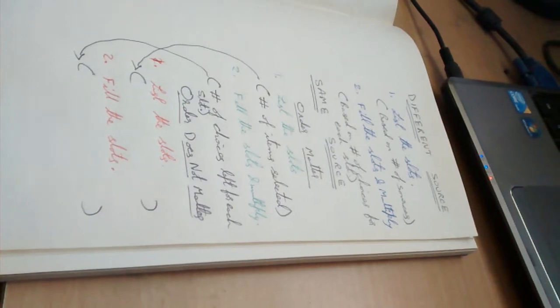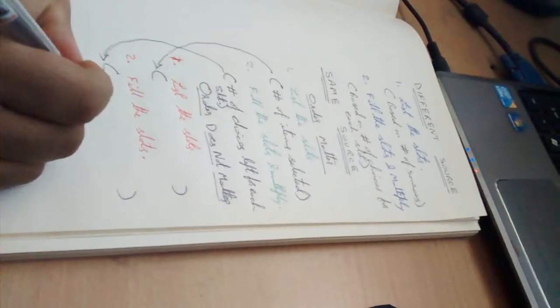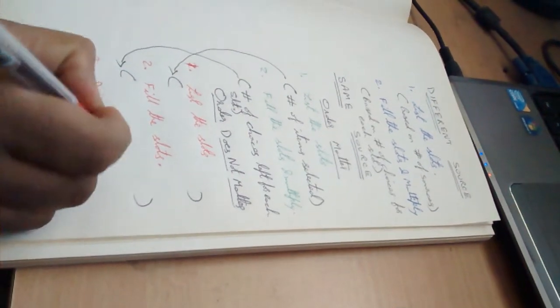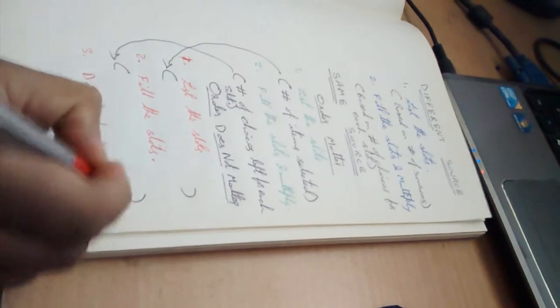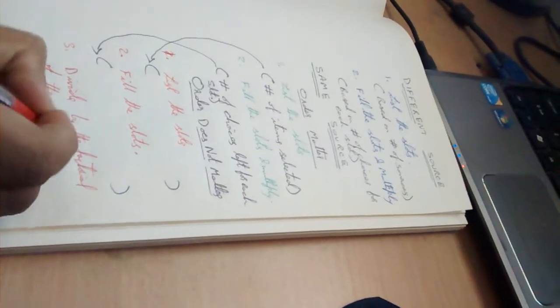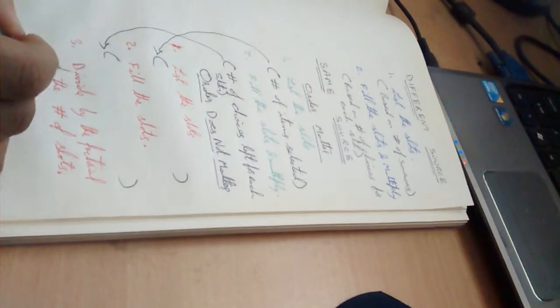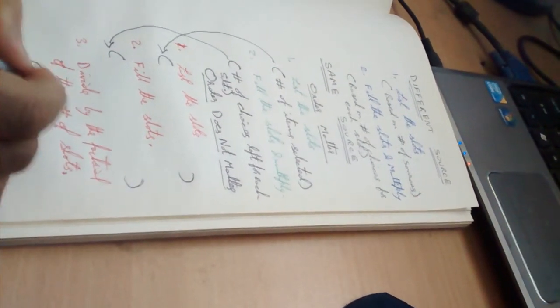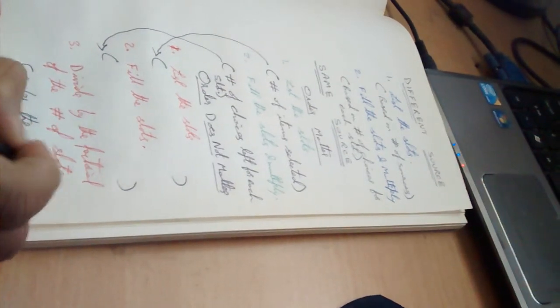But there's a third step. The third step is divide by the factorial of the number of slots. What this step means is, it's nothing but divide by the slot number.